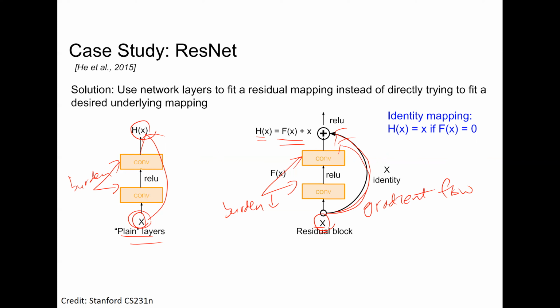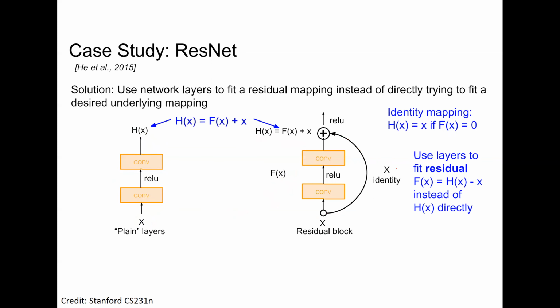Therefore, the gradient can flow deeper and much better. Okay, so we use layers to fit residual mappings instead of learning H(X) directly.